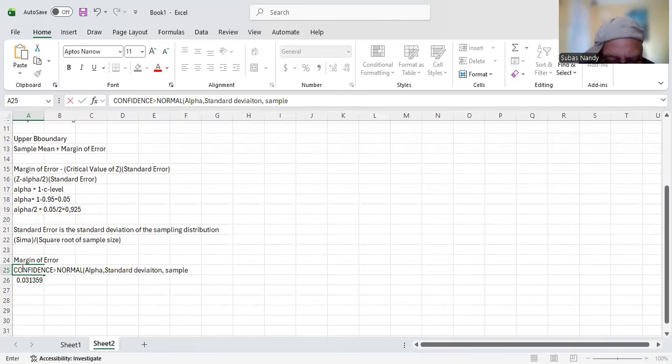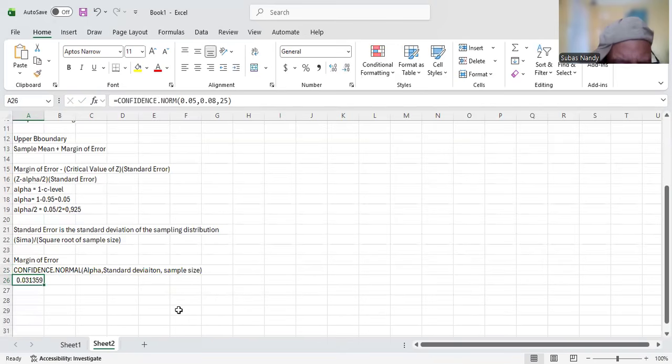This is the way. And as you know, you have to always put an equal to in front of the function. So confidence, and that will be dot normal. Okay. Alpha, standard deviation, and sample size. And that gives me the margin of error.